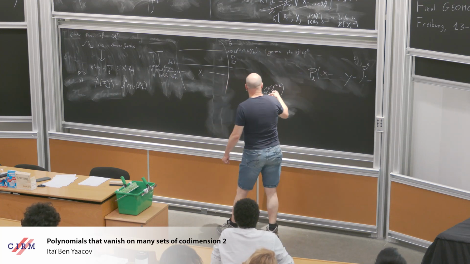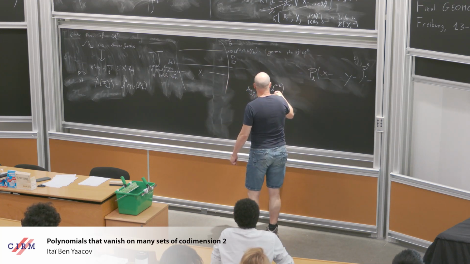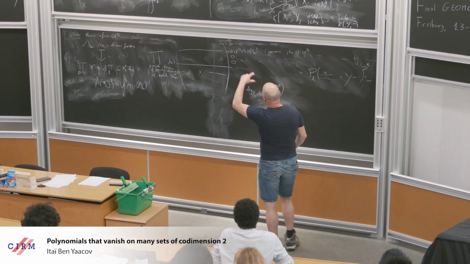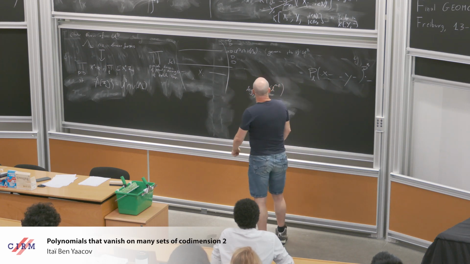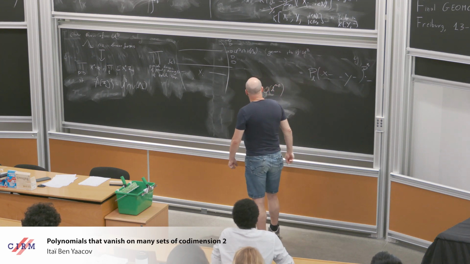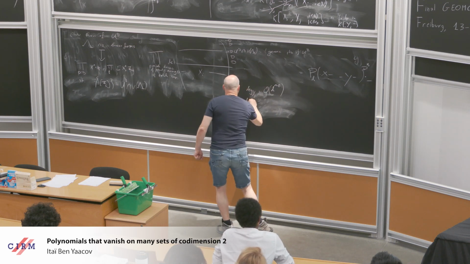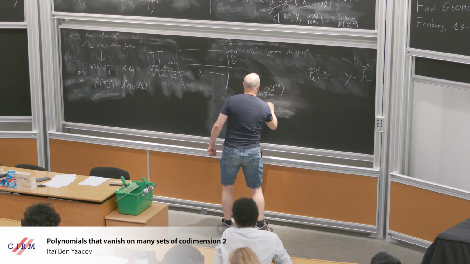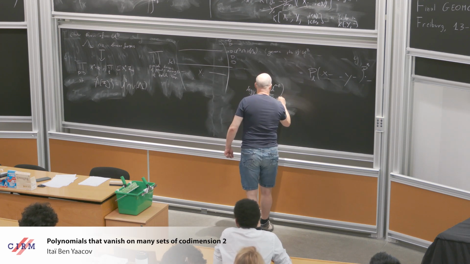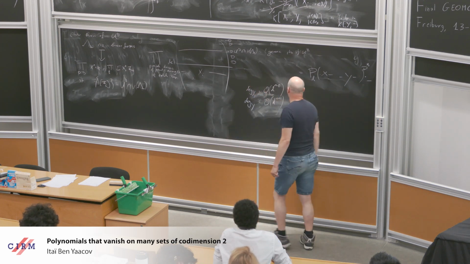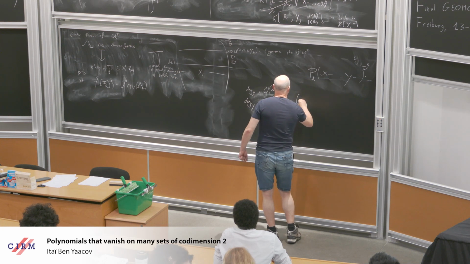Sorry, it's n minus 1, because there are n minus 2 lines, but there is also the degree d that comes in. So n minus 1, and therefore the total degree in all y's is going to be large O of d to the power n plus 1, and that is little o of d to the power n plus 2, and we are good.